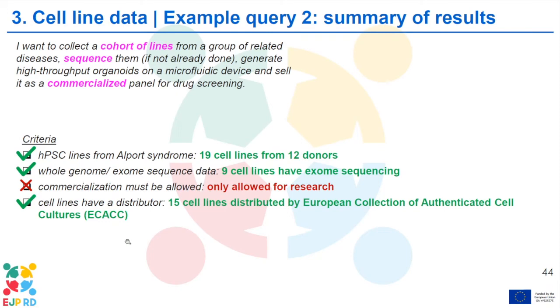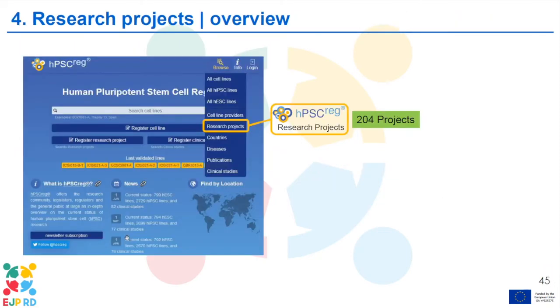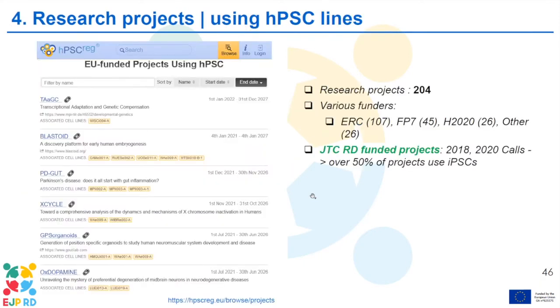Okay, in the next portion, I would like to present the research projects. So we have 204 research projects registered in hPSCreg. And if you click on the Browse menu Research Projects, it will lead you to this page, which gives you a list of research projects.